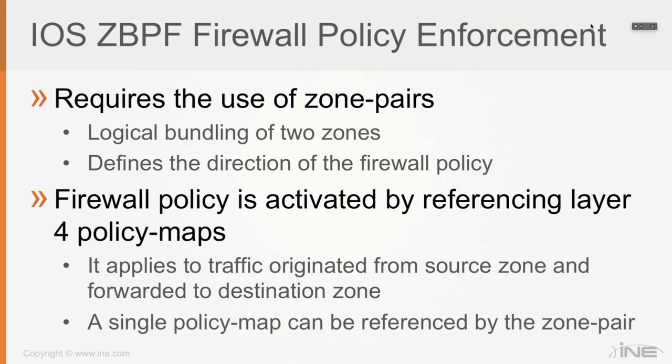It makes sense. The zone pair defines the traffic direction, the firewall policy direction, and then you apply, okay, in that direction, how do I control the traffic? By attaching a single policy map. And in that policy map, you have multiple class maps, each class map with its different action.